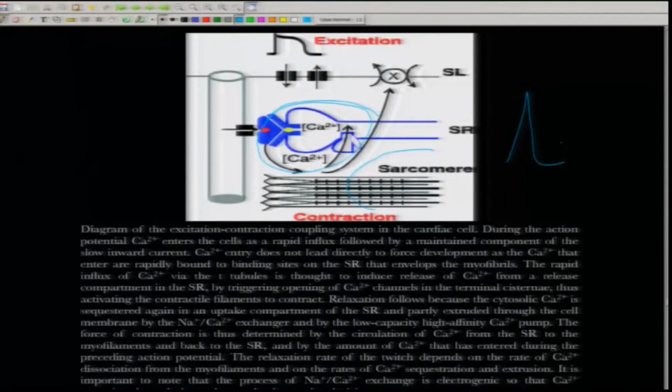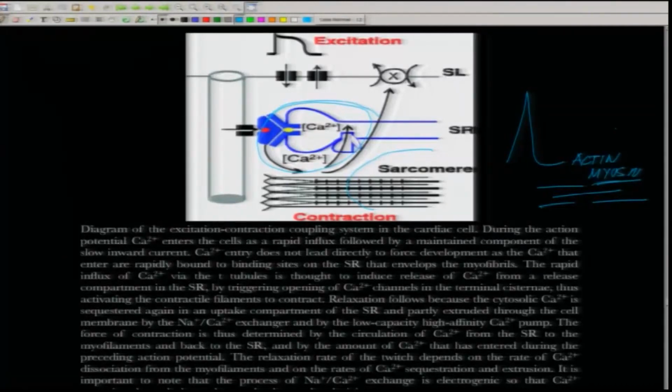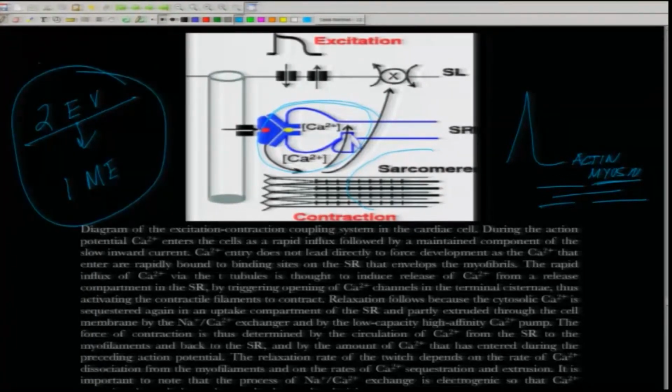You remember when we talked about muscle contraction, I told you there are sarcomeres and there is a movement of the actin and myosin filaments. So this is where two electrical events lead to one mechanical event. This is where the ball game is.